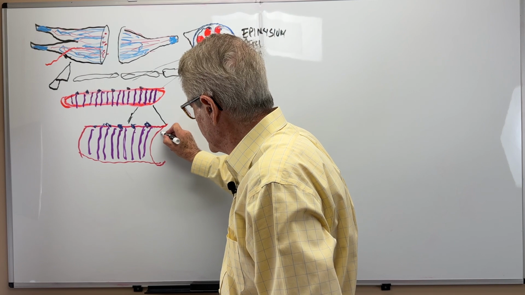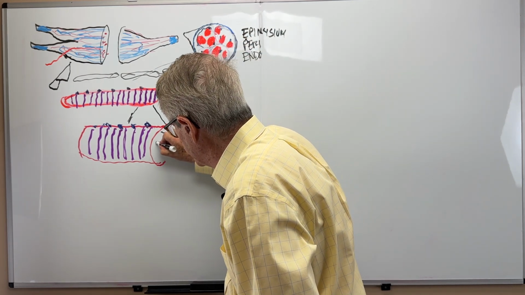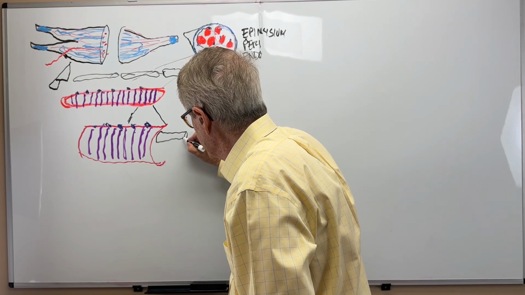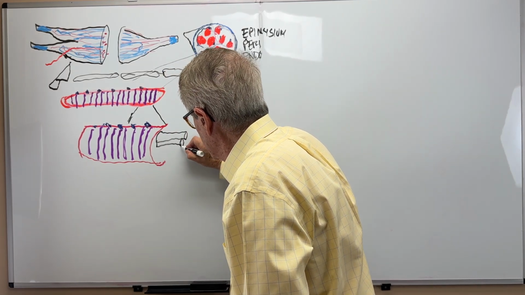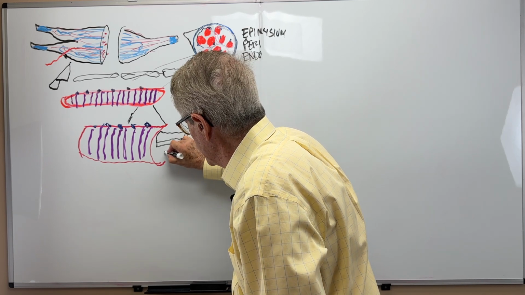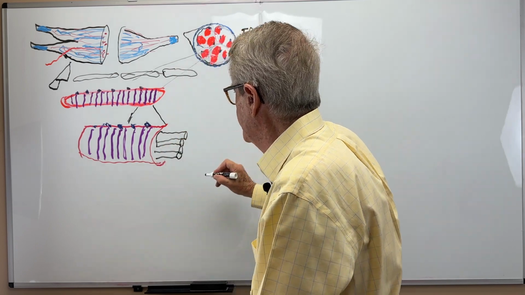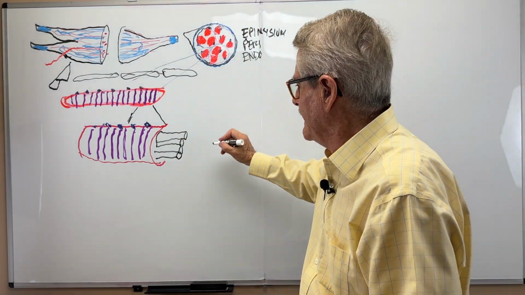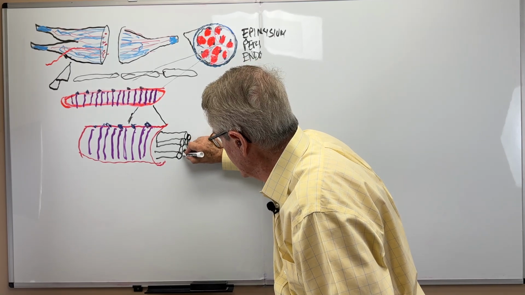The myofibrils will come up. I'm going to oversimplify like this, maybe like this. I don't want to draw too many because there are just too many. And you could have more cut in this direction.